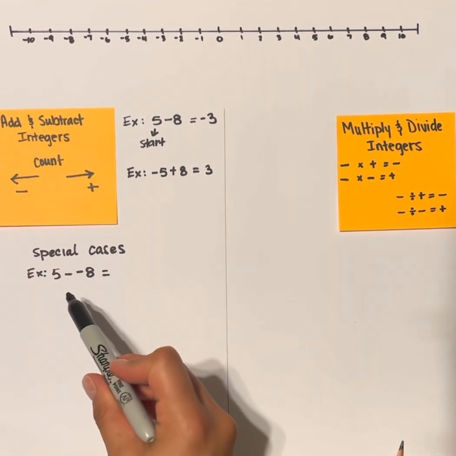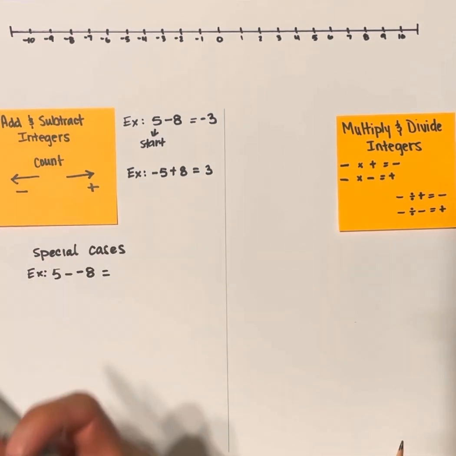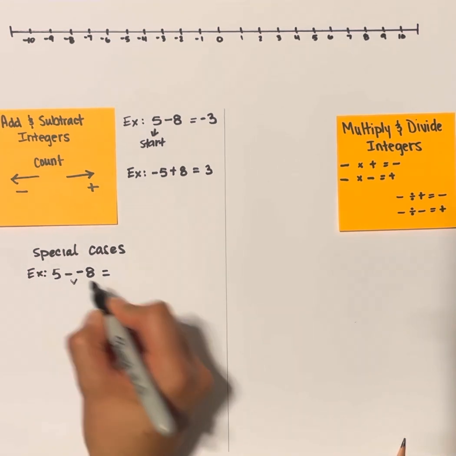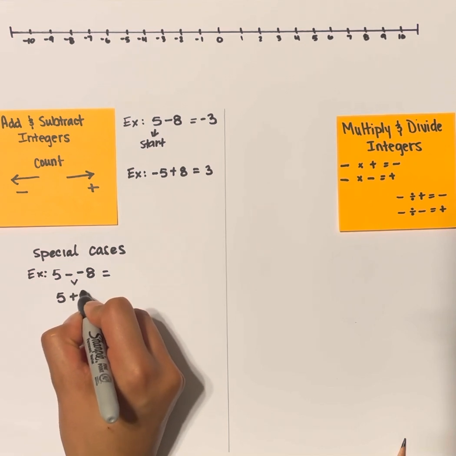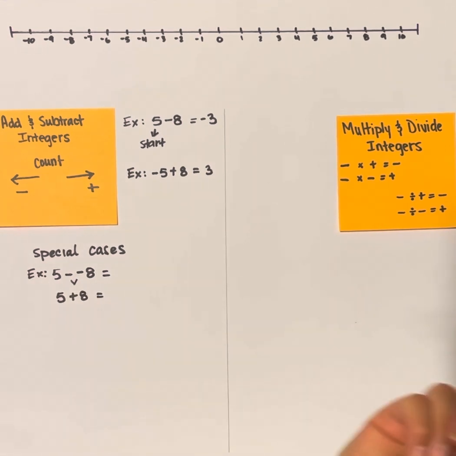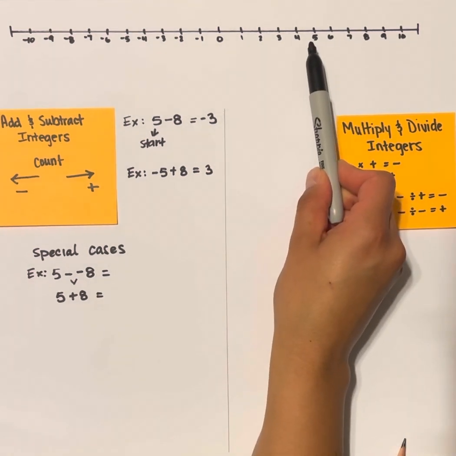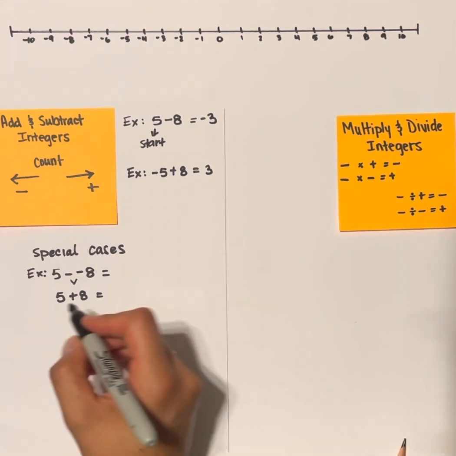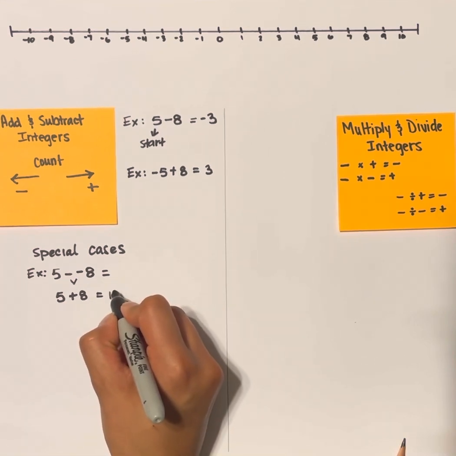When you're subtracting negatives, you can think of that as taking away negatives, and this actually becomes plus. So this is 5 plus 8. I know it's weird, but now it's just a regular addition problem. I could start at 5 and count 8 to the right. My number line's not big enough, but you can add that up on your hands. 5 plus 8 is 13.